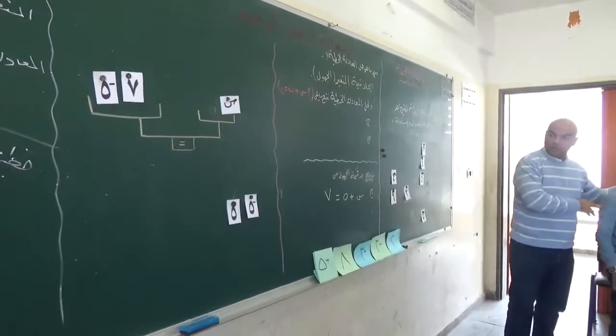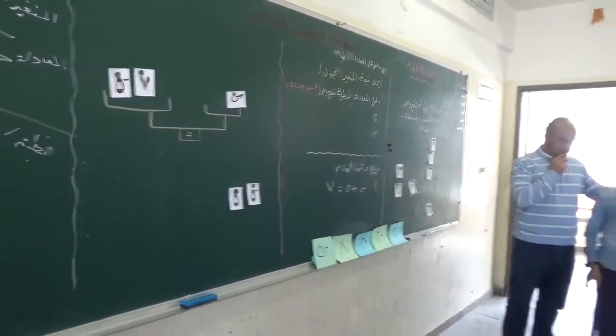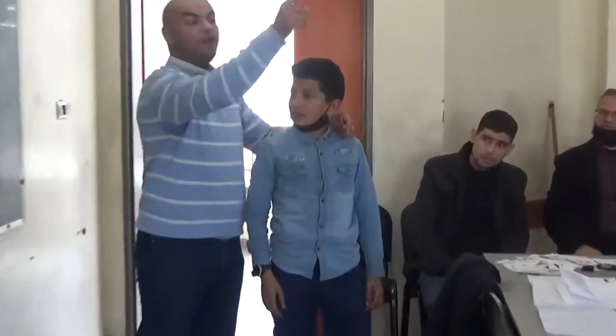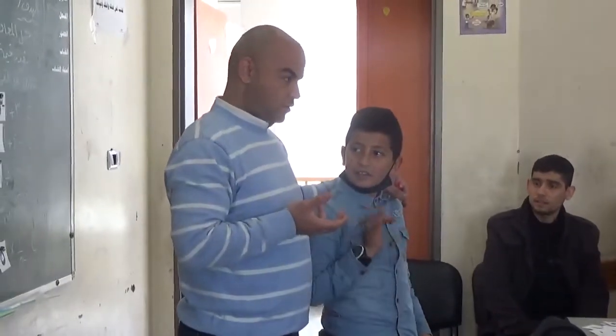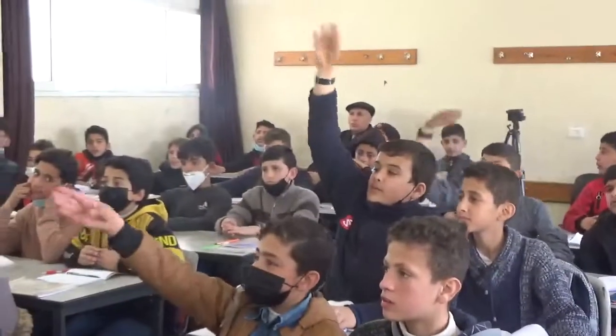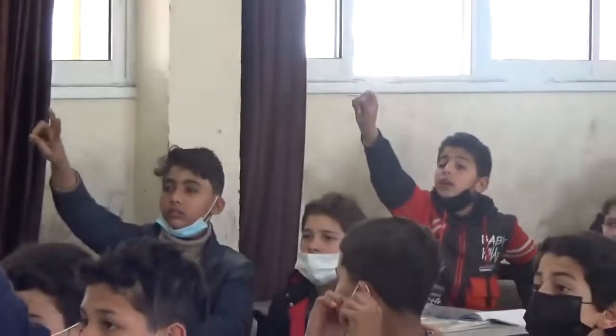Teacher: What's your opinion about the balance? Is it equal or not? Student: Is it equal? Teacher: Great. Please clap for him. How did this happen while he took something from one side of the balance? A student: Because x equals 2 and 7 minus 5 also equals 2.